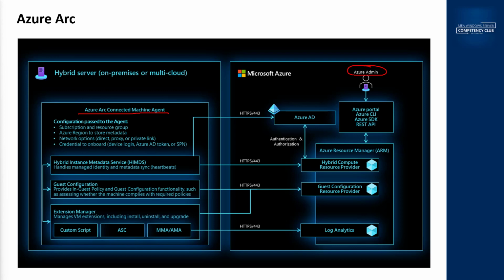With this Azure Connected Machine Agent, I provide powerful capabilities to manage these hybrid server systems on premises or in other clouds via the Azure portal, with authentication via Azure Active Directory. So the interesting thing is we can use our Azure Resource Manager here. We can provide configuration profiles. We can use the log analytics and so on.